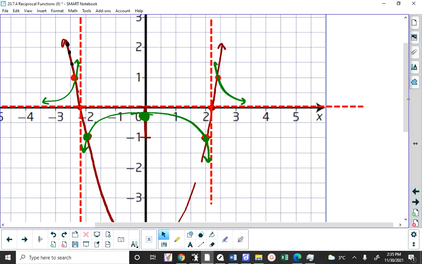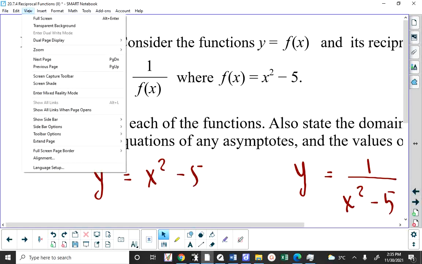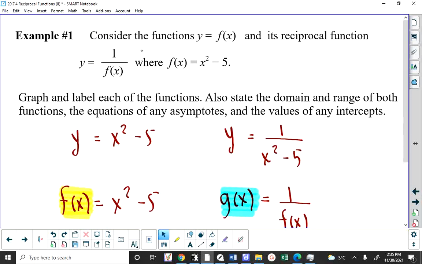All right, we do have some other things that we need to do here. It says, what is the domain and range of each of the functions? What are the equations of any asymptotes? And what are the intercepts? Well, we can put the intercepts right on the graph.